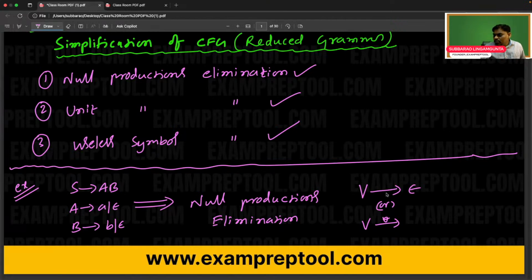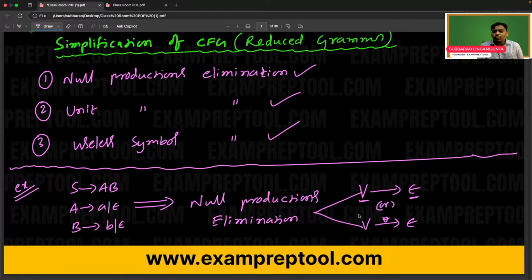Here on the arrow symbol there is no star, so directly. In a CFG, a single variable on the left side derives nothing, or a single variable indirectly derives nothing. These are the things we have to avoid. That is the meaning of null production elimination. Variables generating epsilon directly or indirectly, we have to eliminate.